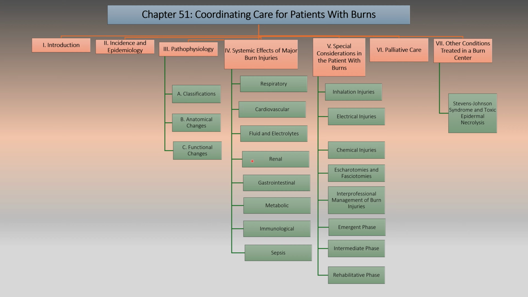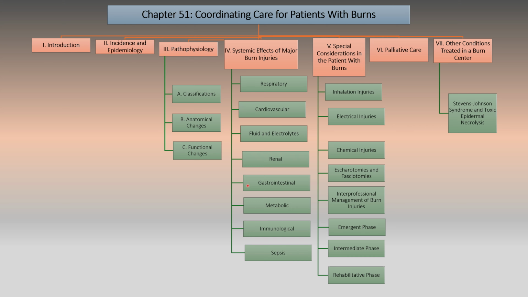Major burns cause a decrease in both nutrient absorption and gastrointestinal motility. NG tube: an NG gastric tube is often placed to relieve gastric distension and for long-term feeding access.